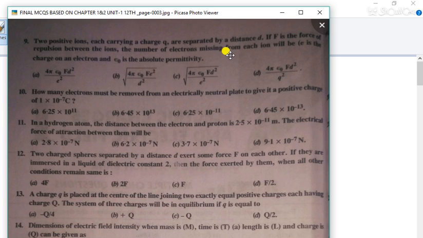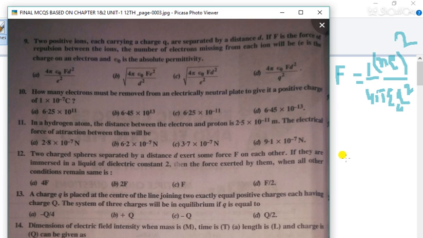Students, this is another question that we did earlier during the class, but I will repeat it today. By the quantization of charge, force is equal to 1 by 4 pi epsilon naught, Ne. There are two ions, so we can write Ne into Ne. So I can write Ne whole square by the distance between them, d square.